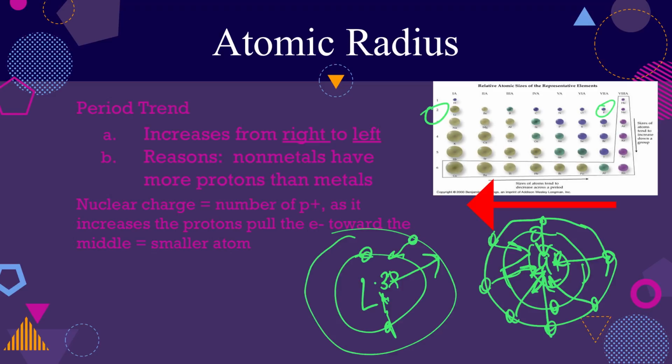So therefore, fluorine's atom has a smaller distance between its nucleus and its outer shell than lithium does, which is the reason why the atomic radius increases right to left across the period.